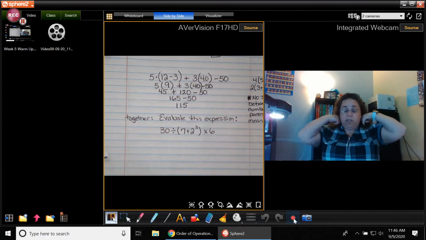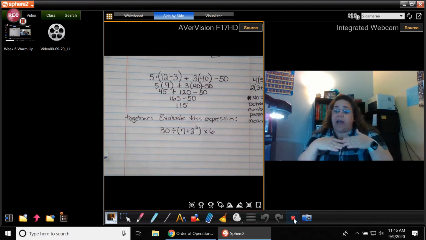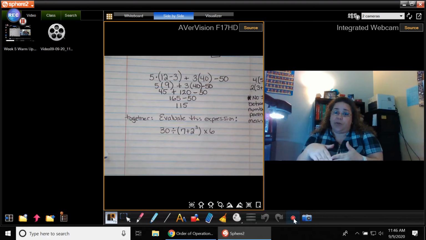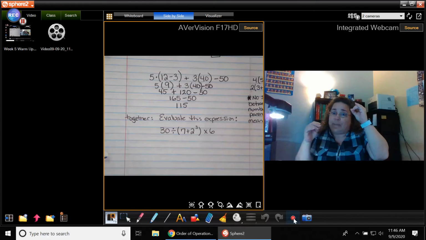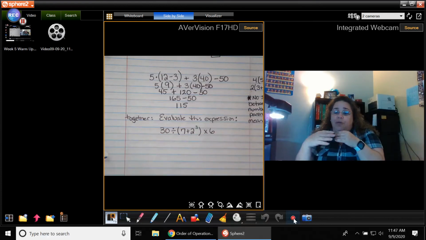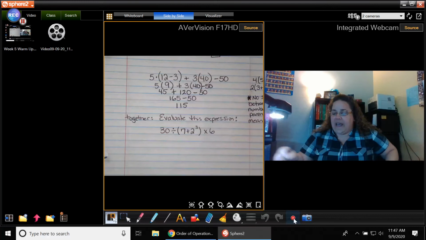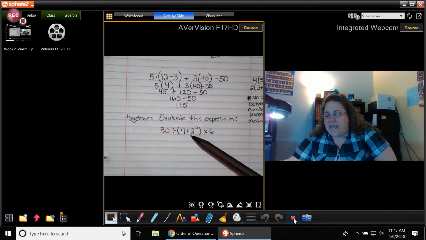Okay, so once again, remember, you have that pyramid in your notes for a reason. If you forget what's your first step, you go to that pyramid. Your first step is parentheses. Do I have anything in the parentheses? I do, okay? I have addition, and I have an exponent.